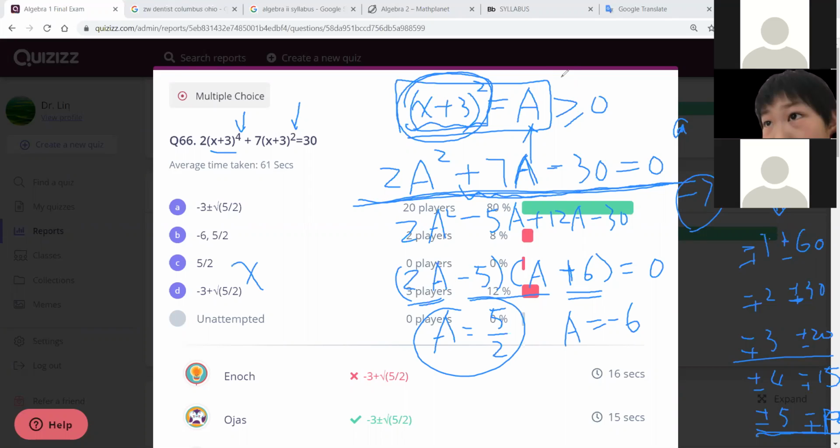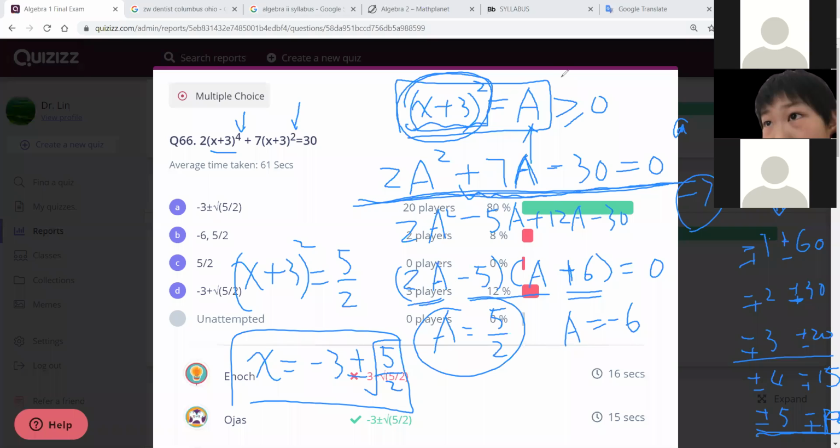So it means (x plus 3) squared equals 5/2, right? So x equals -3 plus or minus the square root of 5/2, right? Of course, since we learned complex numbers, you can also use that, but we didn't provide those kinds of answers.